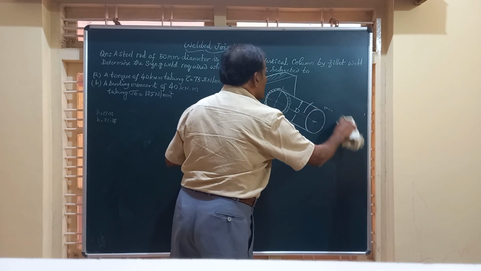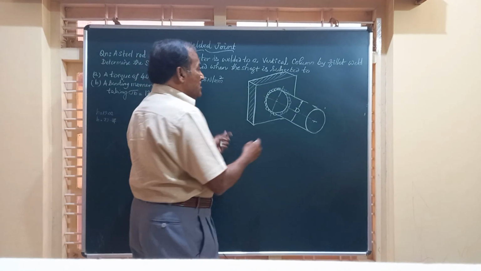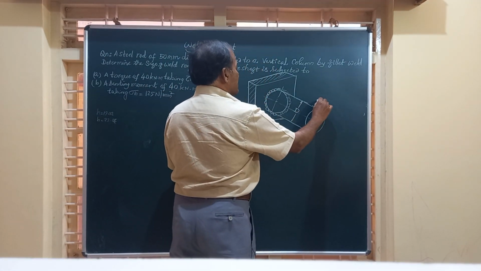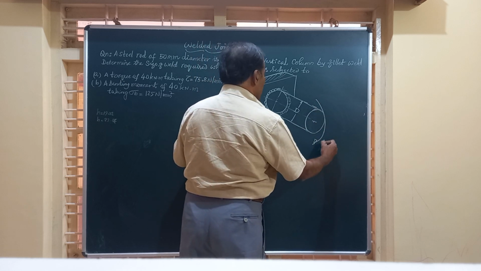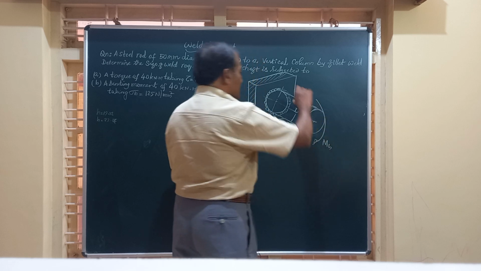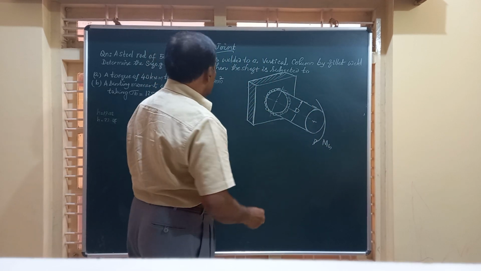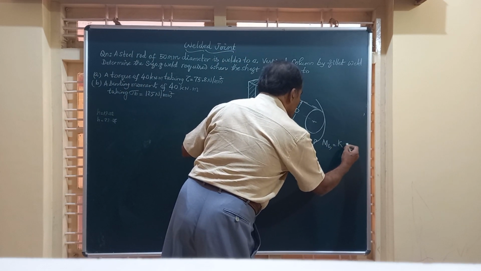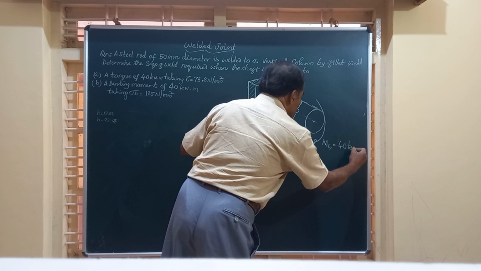So I will just remove this and utilize the same diagram to solve the second part of the question, in which this is subjected to a bending moment MB. That MB value is also 40 kilonewton meter.